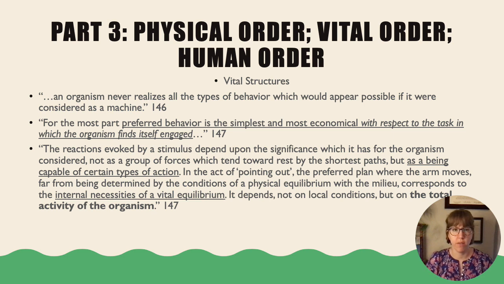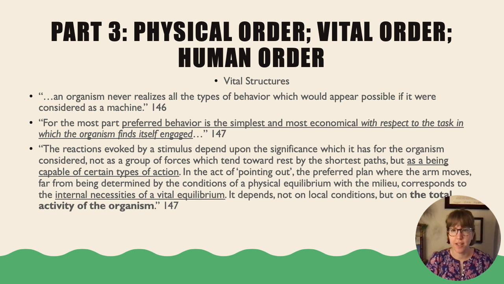An organism never realizes all the types of behavior which would appear possible if it were considered as a machine. I thought this was a great and interesting quote that reminded me of when, in a previous part of this book, Merleau-Ponty had been bringing up the idea of a machine, and I had said in my commentary that it's an interesting concept of living organisms, of a human versus a machine.